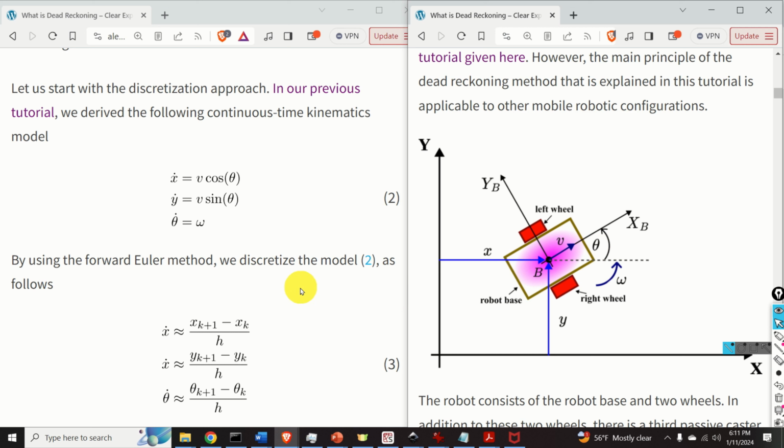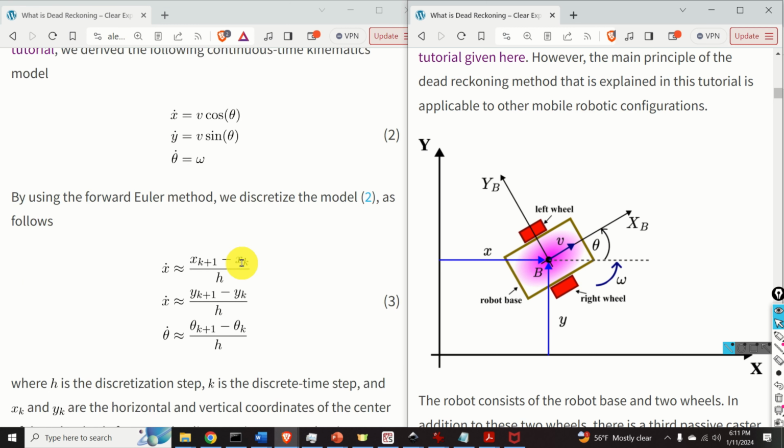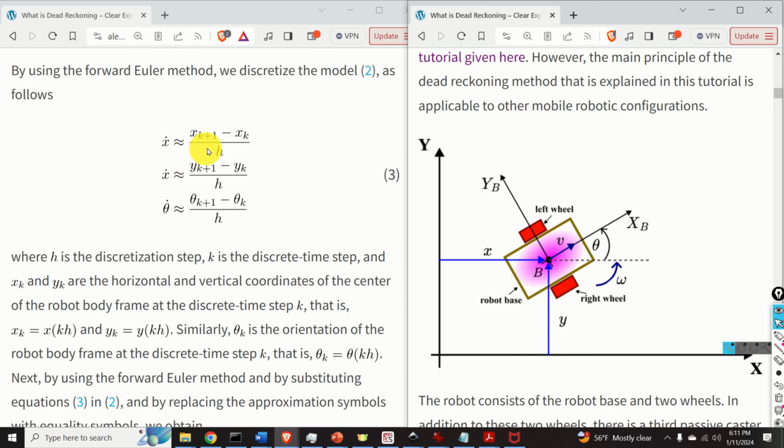By using the simple forward Euler method, we can approximate the first derivatives of x, y, and theta with respect to time like this. We simply use the forward finite difference to approximate these derivatives. Over here, h is the discretization step, k is the discrete time step, and xk and yk are the horizontal and vertical coordinates of the center of the robot body frame at the discrete time step k.